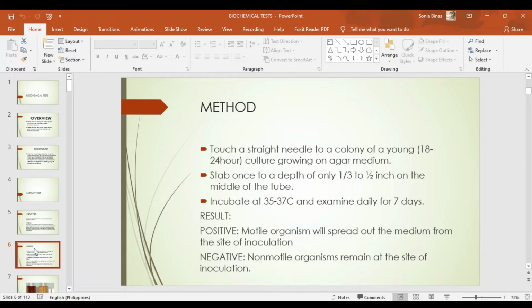But some organisms will not display sufficient growth in this medium to make an accurate determination, and additional follow-up testing is required. So, hindi lang po tayo dapat magbe-base mismo sa motility testing, but we will perform another test to identify a certain organism.